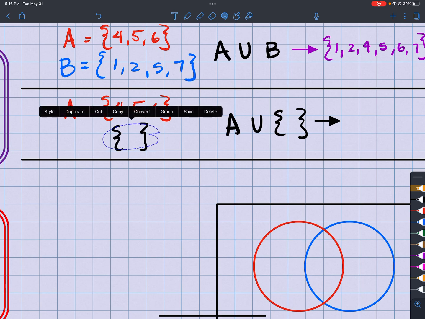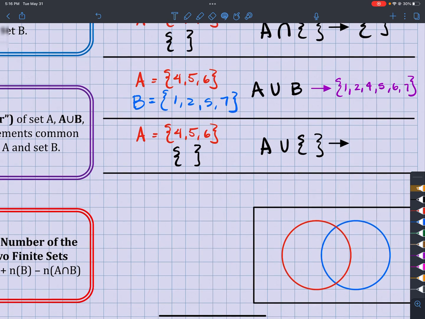Well, they are going to be together as one unit, one union, right? So that whole thing is one thing. So it has 4, it has 5, it has 6, and it also has the empty set.